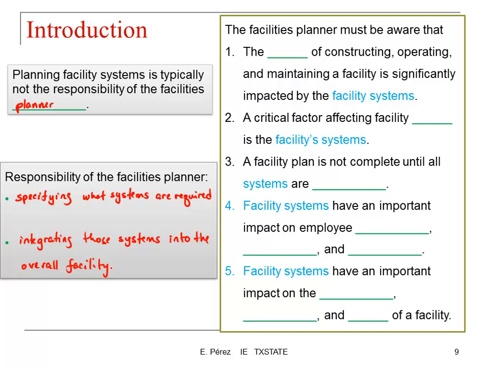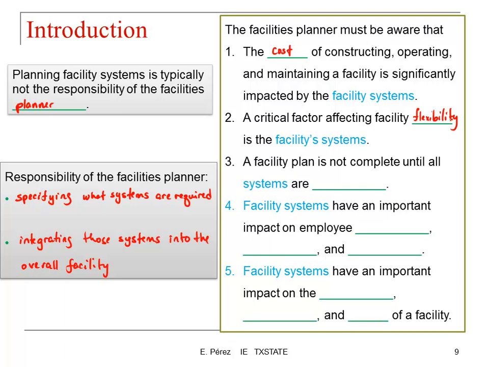The facilities planner must be aware of the cost of constructing, operating, and maintaining a facility. And this is greatly impacted by the type of systems that you're going to have within the facility. A critical factor affecting the facility flexibility is the facility systems.